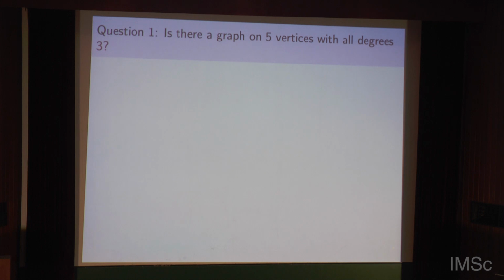Every team is a vertex, and whenever a pair of teams play, you draw an edge between them. A and B play, you draw an edge. Now the question I'm asking is: is there a graph on 5 vertices such that the degree of every vertex is exactly 1? Or the degree of every vertex is exactly 3? This is the kind of question I'm asking. Well, you all said no, and we're now going to try and come up with some sort of proof, because you said you need a proof to argue this.